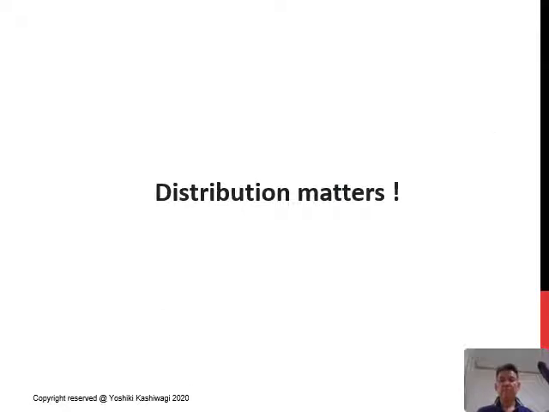So, the final message of today: distribution matters. If you think distribution matters in your dataset, please try to look at the shape of the dataset, how they are distributed, by using a histogram. And I will show you another way to see the extent of distribution, and we will learn another index called standard deviation next week.